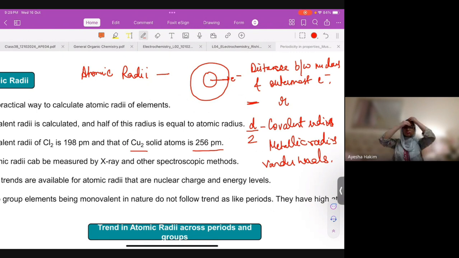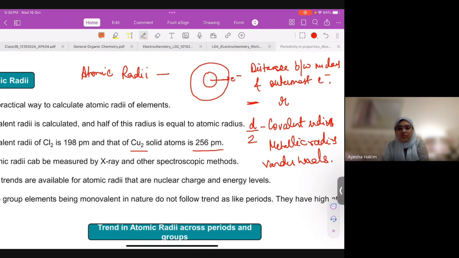That means the electron arrangement in the periodic table is different, so atomic radii will also be different for the elements arranged in the periodic table. That is why a certain trend is observed in atomic radii, and we need to study that trend for the periodicity of elements.